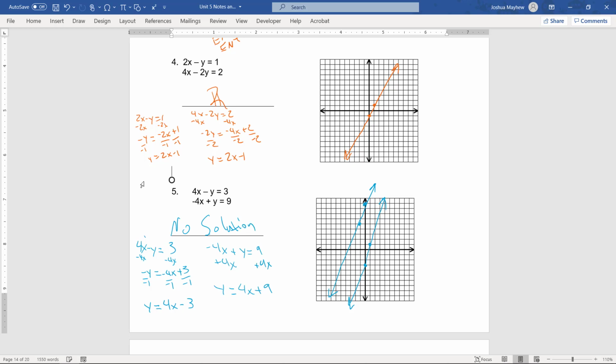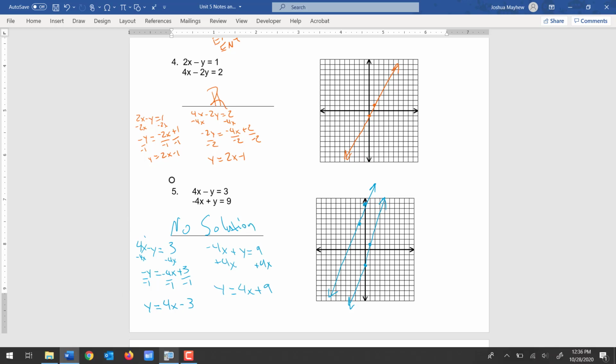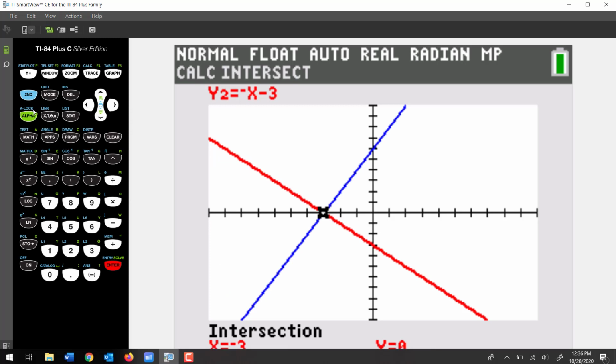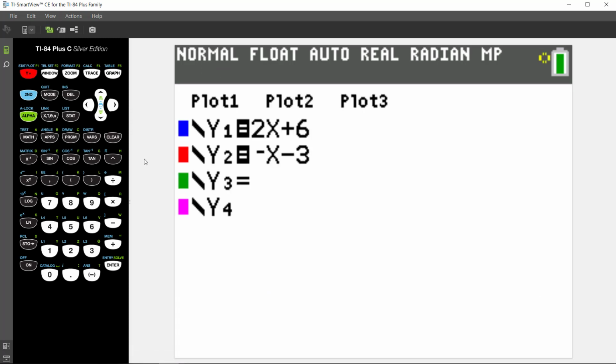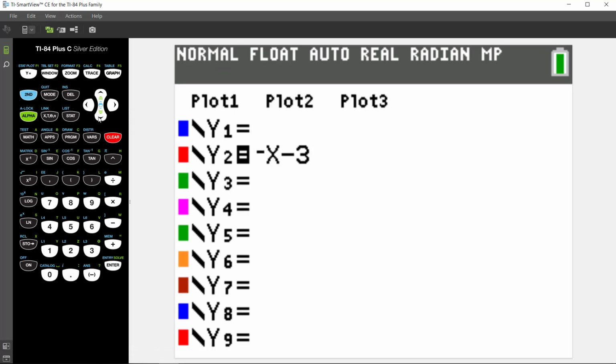Now, I do want us to put them in the calculator to see what that looks like. Again, graph one in y1, the other one in y2, and this is just good practice. So we have 4x minus 3 and then 4x plus 9.